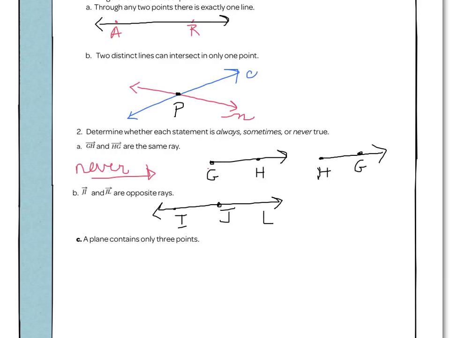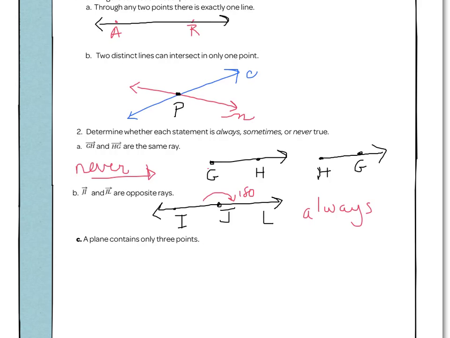Opposite meaning they form a straight angle, and they do, because this angle here will create 180 degrees, and it's okay, they're both rays. J is a point, and it extends to I, or it extends to L. So this is going to always be true. So this is always.